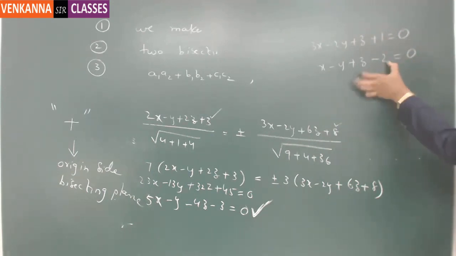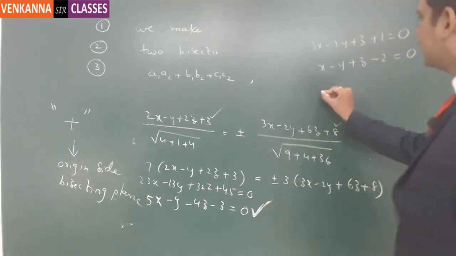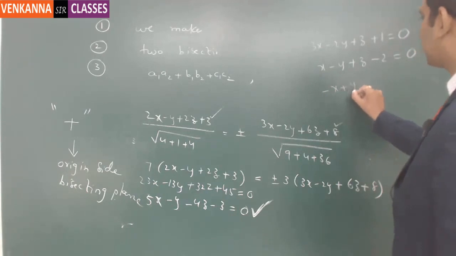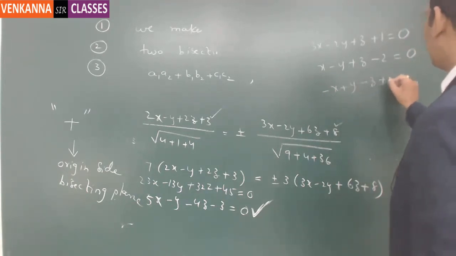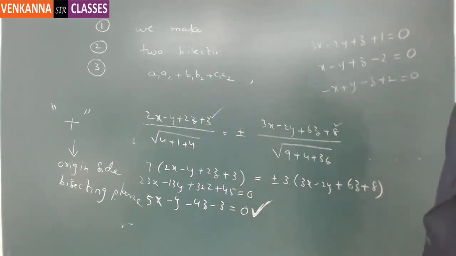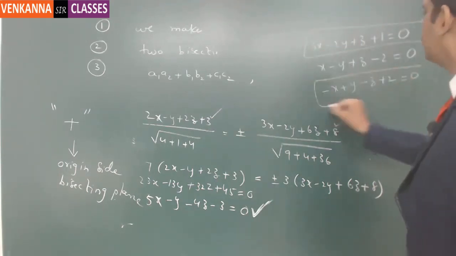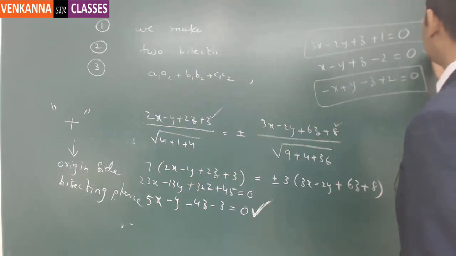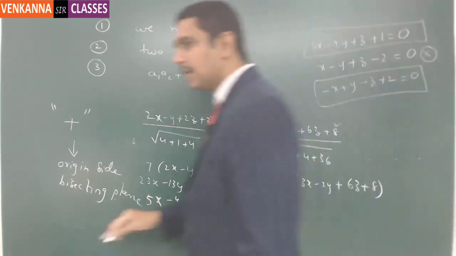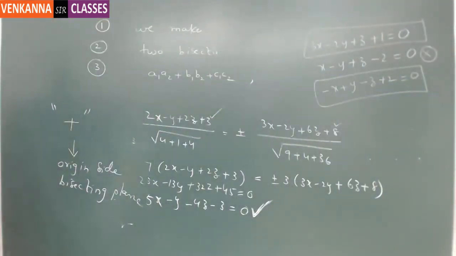Suppose I want to change this equation, I will take it as minus x plus y minus z plus 2 equal to 0. So for the application of the formula, I will make use of these two planes. I will neglect this. Clear? Right. So any other queries from anybody?